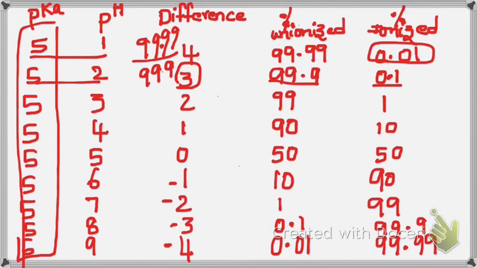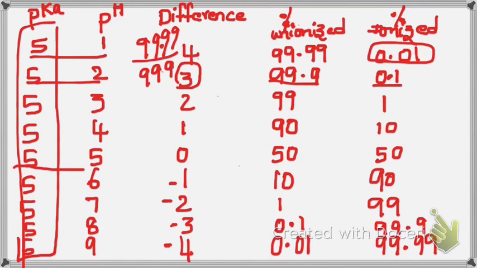So this is the shortcut to find the percentage unionized and the percentage ionized. This almost matches with the Henderson-Hasselbalch equation.